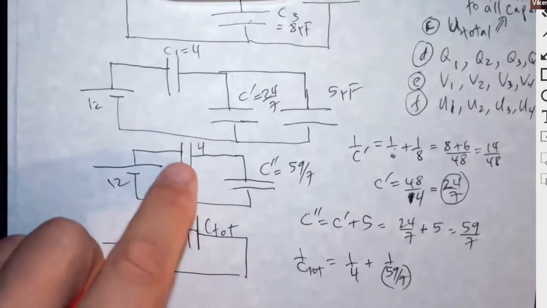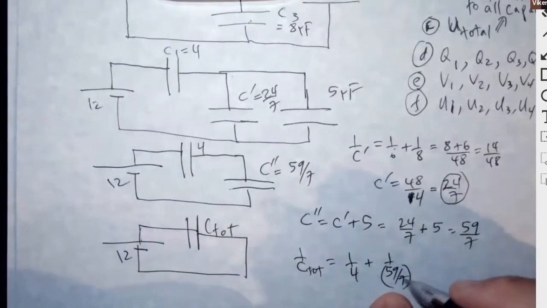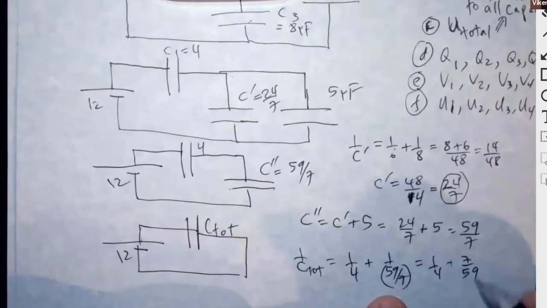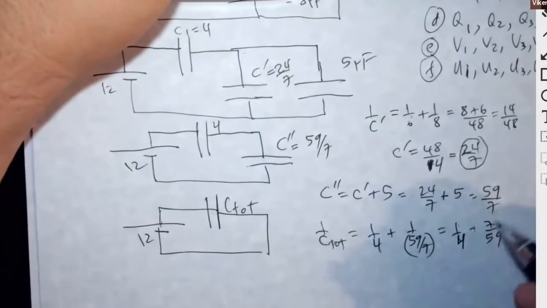So it's always 1 over this plus 1 over that. So it goes like that, and then the 7 goes to the top. Then you cross multiply.